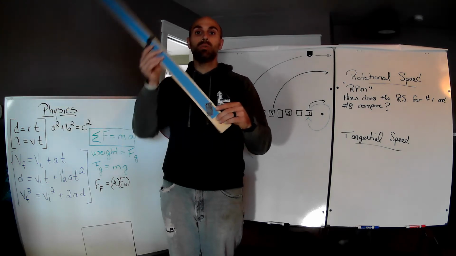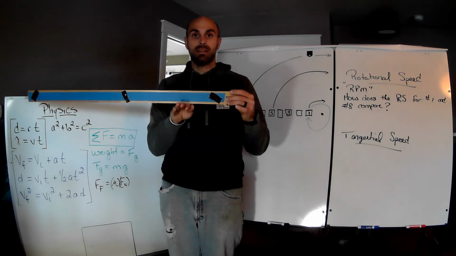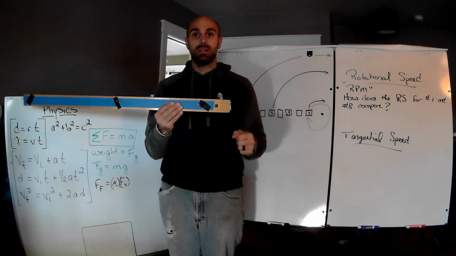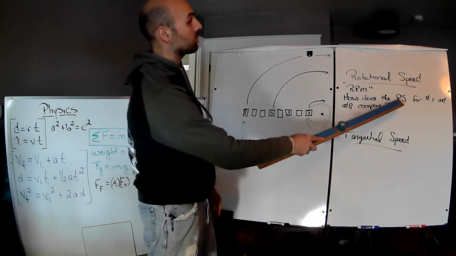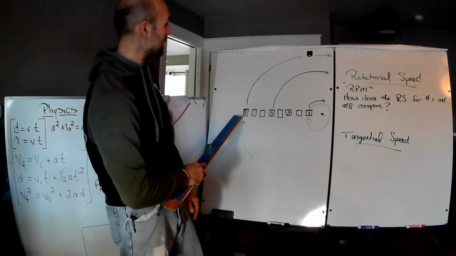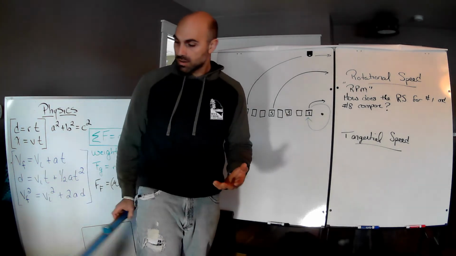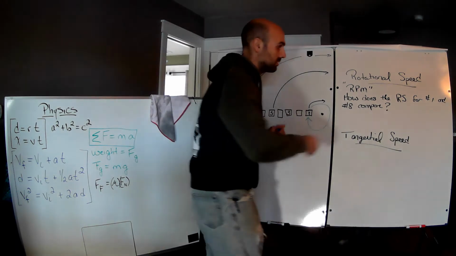They both went around the circle the same number of times for the same time. So I ask you again, how does the rotational speed for number 1 and the rotational speed for number 8 compare? They are exactly the same.